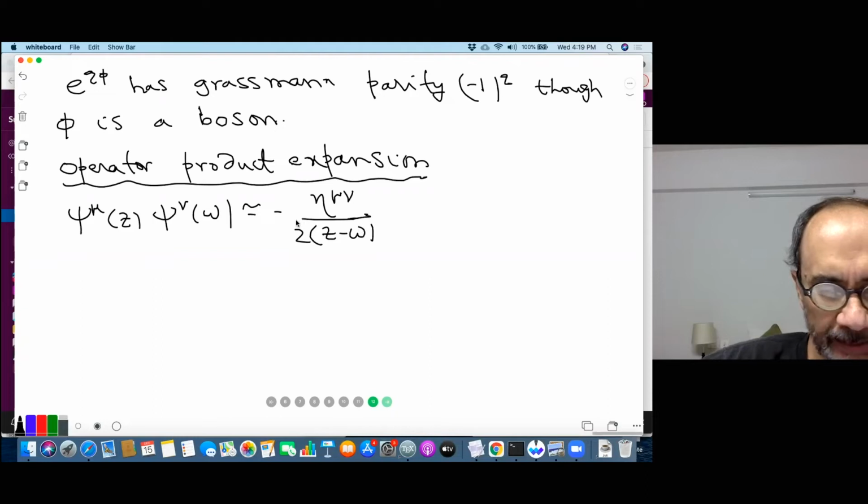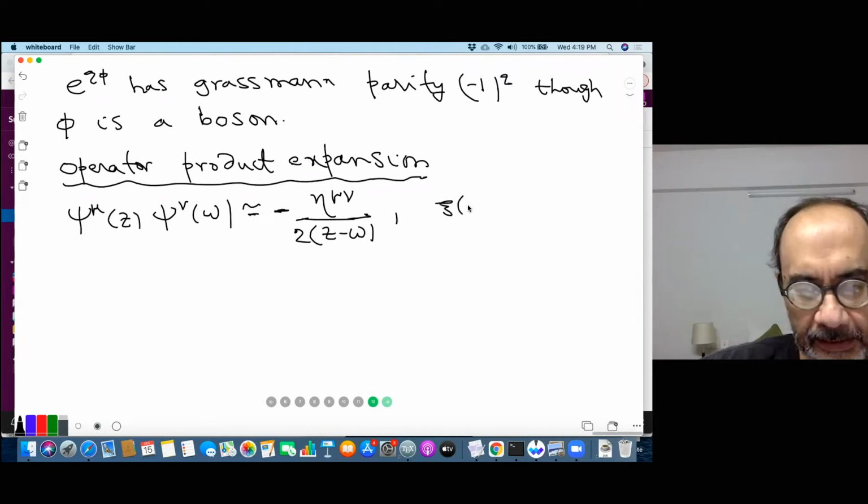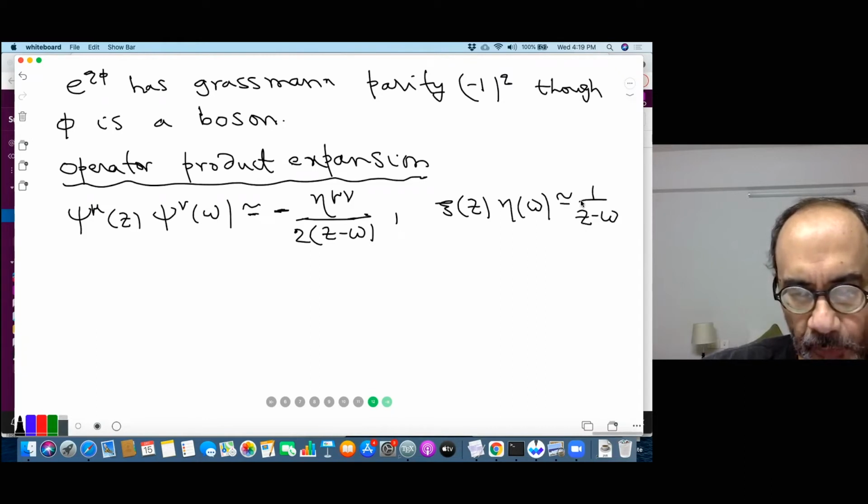A lot of these depend on the convention, right? Sometimes you'll not find this factor of two. But that depends on how you normalize your psi. I'll normalize my psi to satisfy this. Then xi of z with eta of w is 1 over z minus w. The xi xi and eta eta operator products vanish.